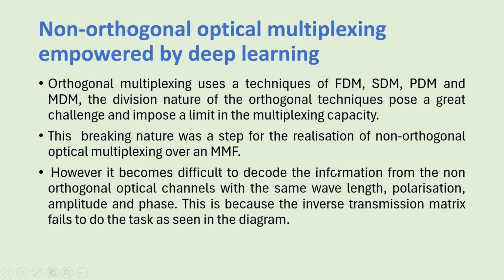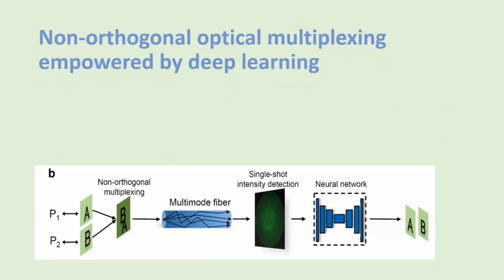When it comes to demultiplexing or propagating these signals from the rear end of the MMF, there is a problem because the inverse transmission matrix is used in orthogonal multiplexing. But if we use the inverse matrix for non-orthogonal optical multiplexing, it will fail, as we see from this diagram.